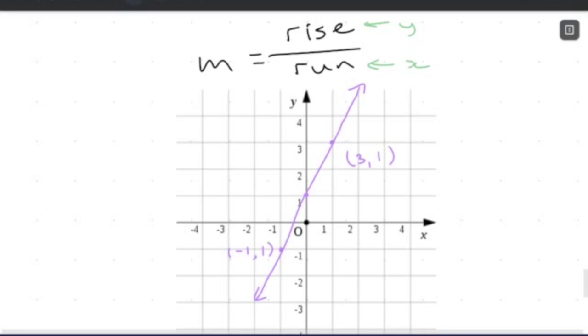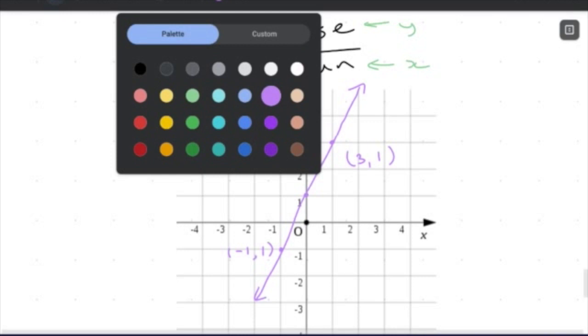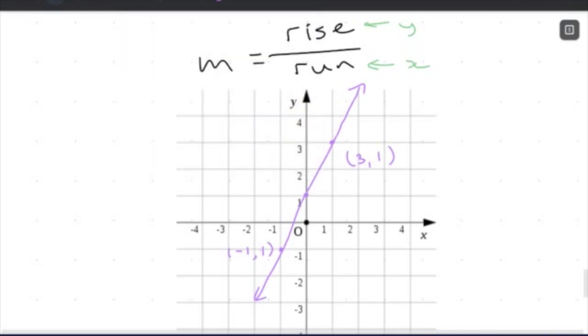Now, I've given you 2 points here. I haven't given you an equation, but I have told you that at one point I should say, the line runs through the coordinate -1, -1. Sorry, I've miswritten that. We have -1, -1, and it goes up to 3, 1.